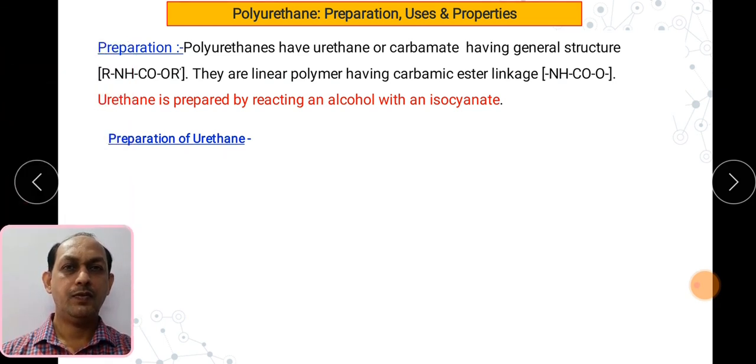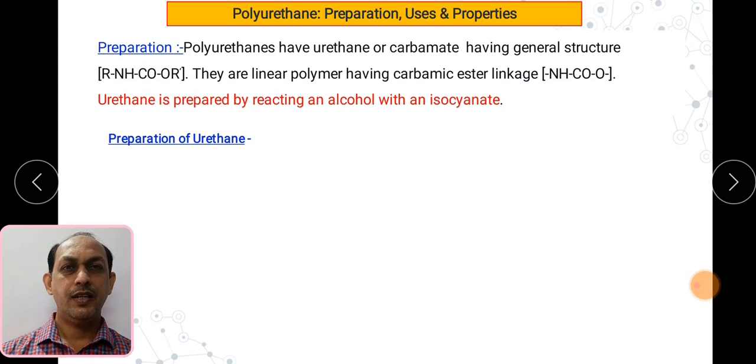So let us see first the preparation of polyurethane. Basically polyurethane is also called a carbamate. They have the general formula RNH C double bond O OR dash. If you see this formula, RNH C double bond O is the part which has amide functionality, then C double bond O OR dash is the part having ester functionality.